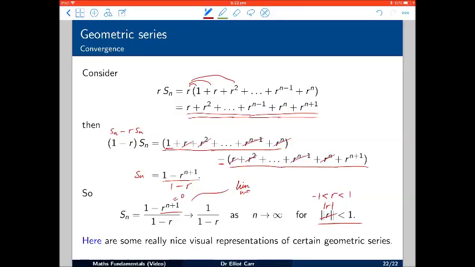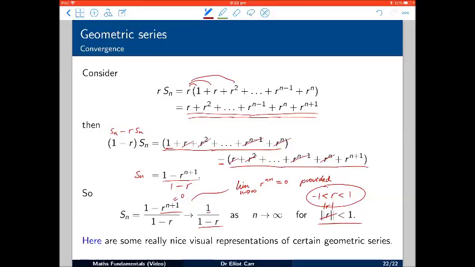So the limit as n goes to infinity of r to the n plus 1 is equal to 0, provided this holds. So this term goes to 0, and I'm just left with 1 on the numerator and 1 minus r on the denominator. This is an elegant result for the sum of an infinite geometric progression.